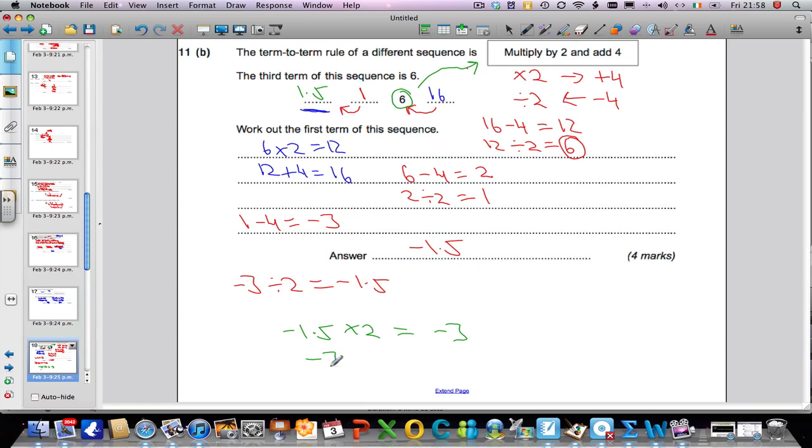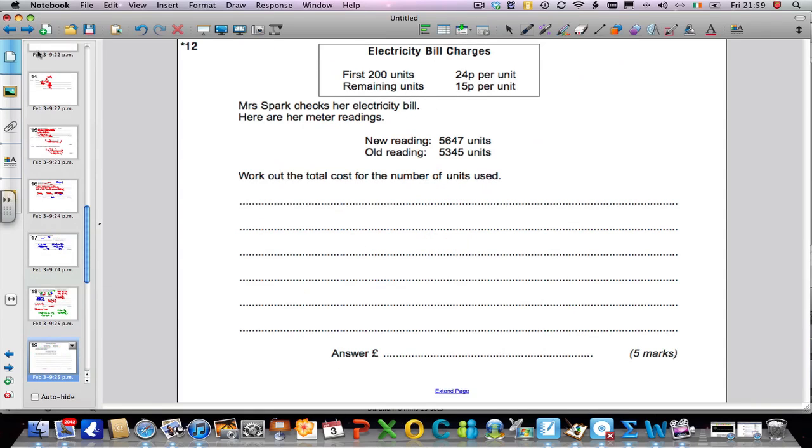And then if I add 4 onto that, I should get 1. Right, if I do 1 times 2, we get 2. And then 2 plus 4 gives me the 6. So I know we've done it correct. So if you have the time in the exam, do check your answers as you go.